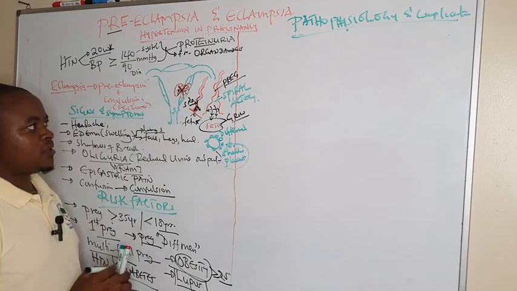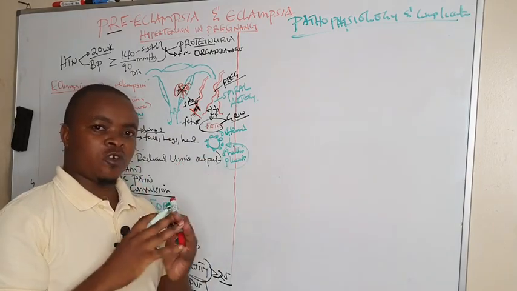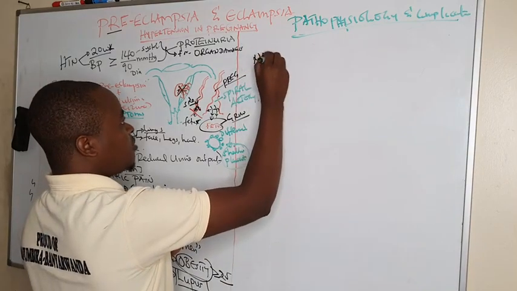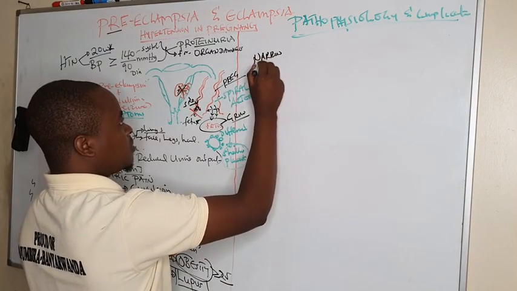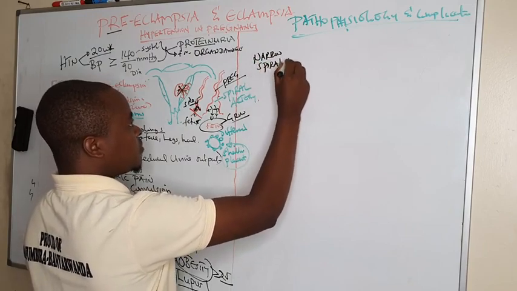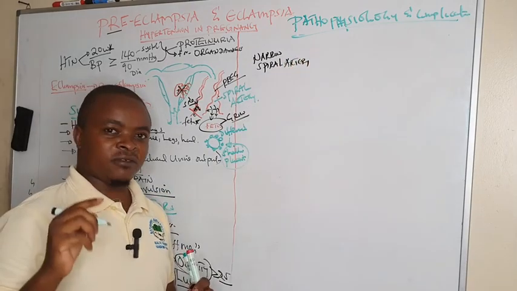And what happens? We are saying it is due to failure or narrowing of the spiral artery. This spiral artery is the one that supplies blood to the fetus.